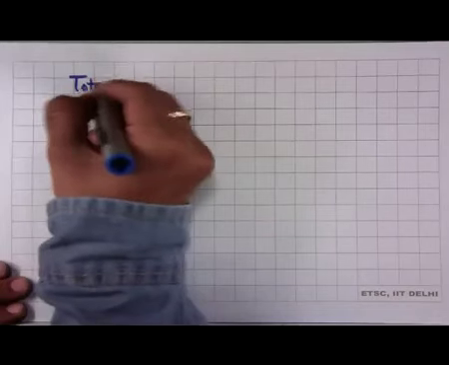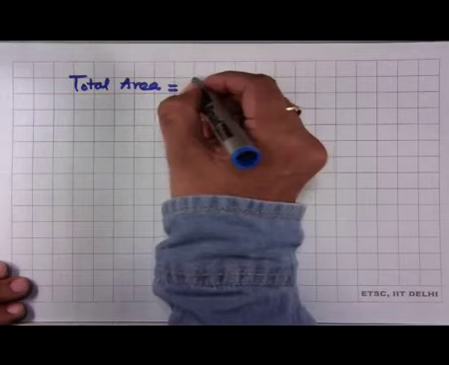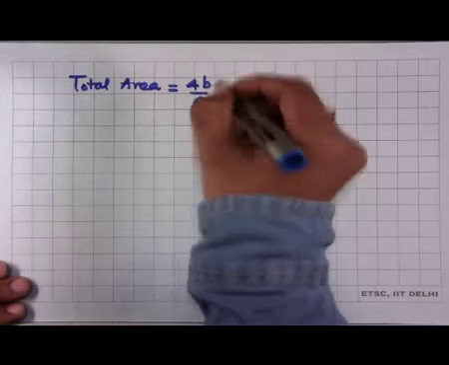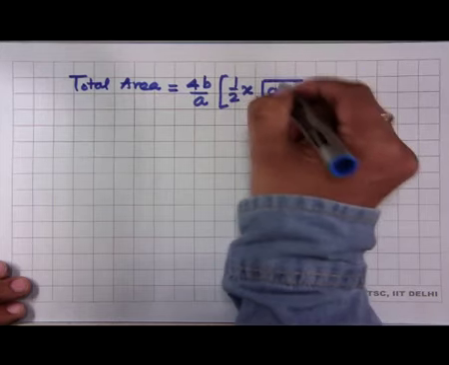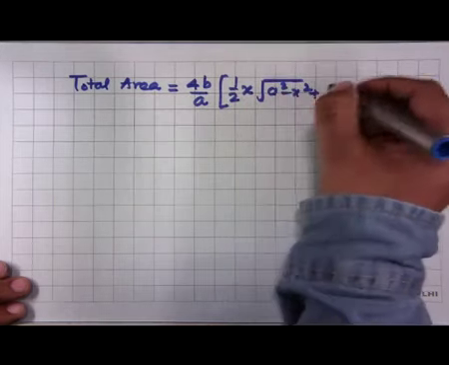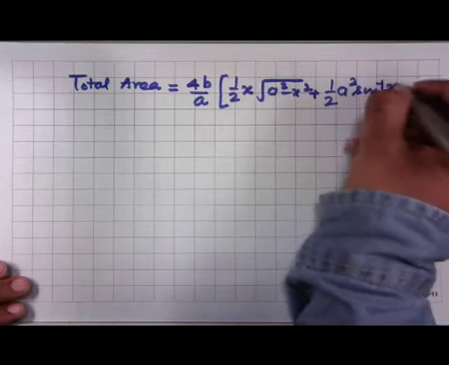Total area is therefore 4b by a times 1 by 2 x under root a square minus x square plus 1 by 2 a square sin inverse x by a.